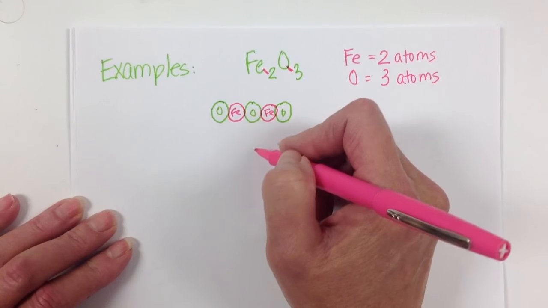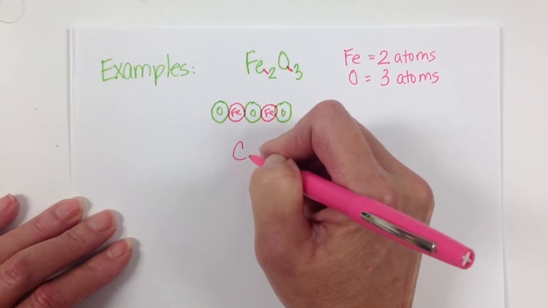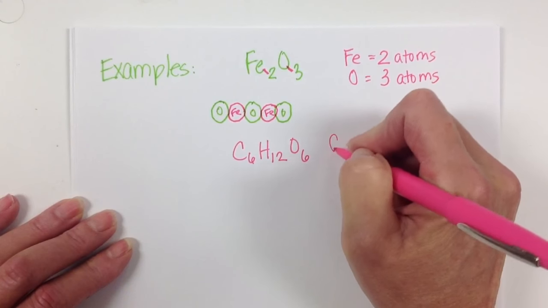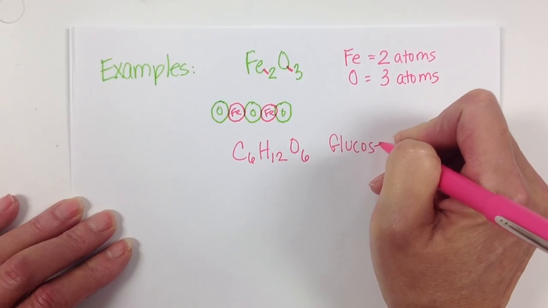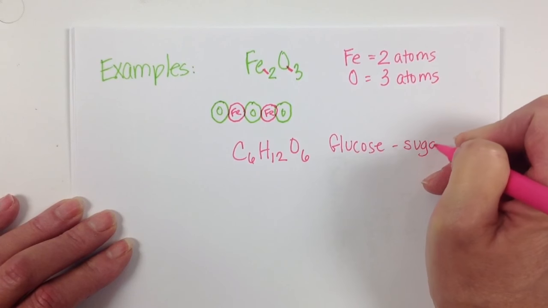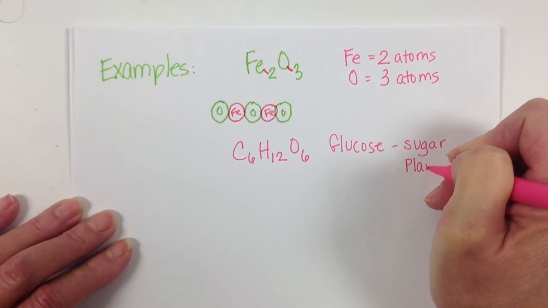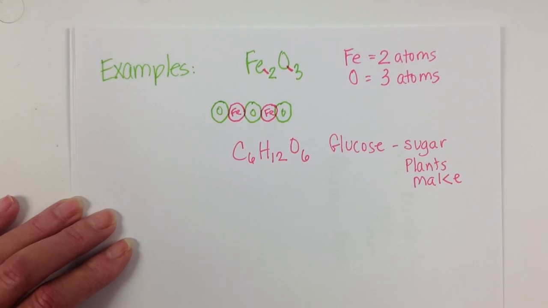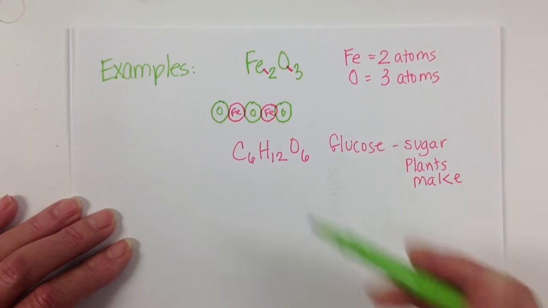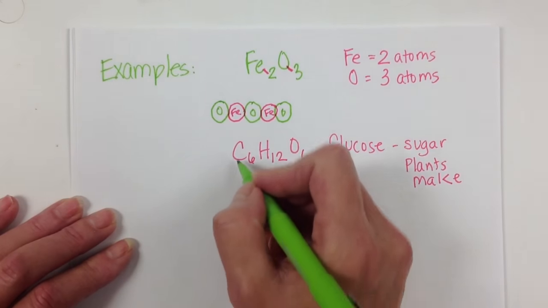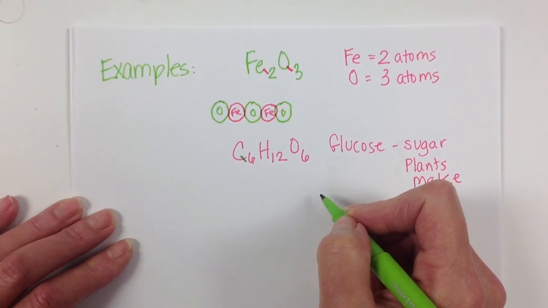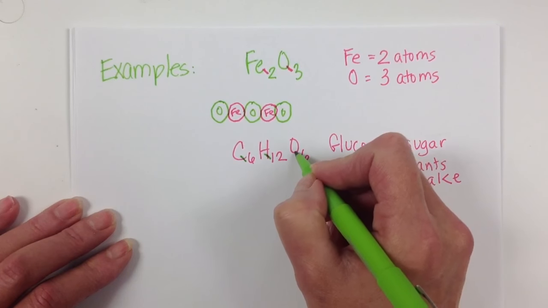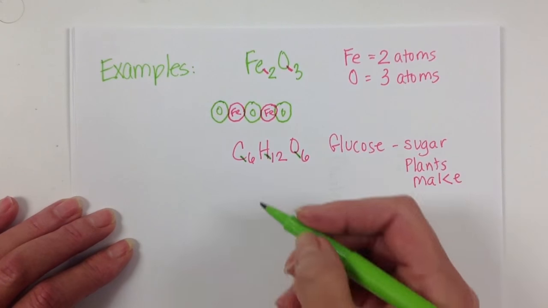So we could practice with this. Let's do another one. Let's do C6H12O6, which we all know is glucose, right? It's the sugar plants make during photosynthesis. Okay, so obviously that 6 is going to go with what? Carbon, yeah. What about the 12? Goes with hydrogen. And the 6 goes with the oxygen. So what do we have here?